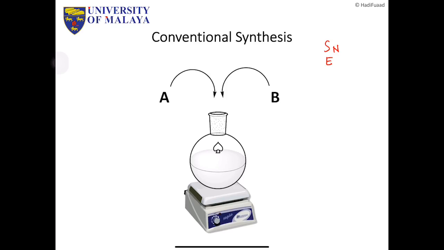Basically, you have a compound A, and then you mix it with compound B, put it in a round bottom flask or conical flask, stir it or leave it at room temperature, and towards the end of the day you filter it, then you get your products, right? So that's the basic synthesis of anything in chemistry. We will look at how you actually do it for peptides, and then we will move on to a more modern synthesis.